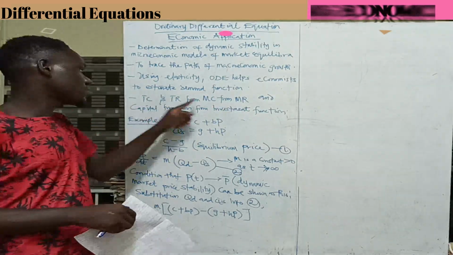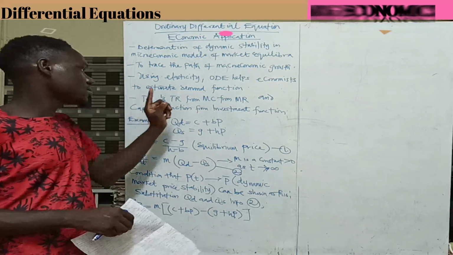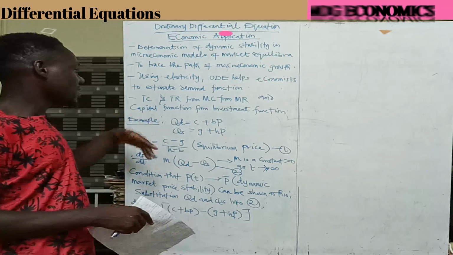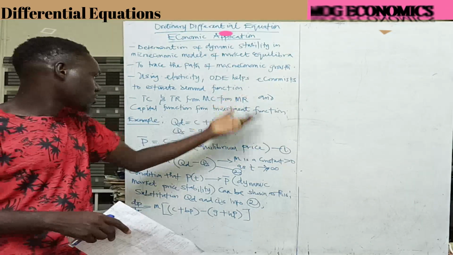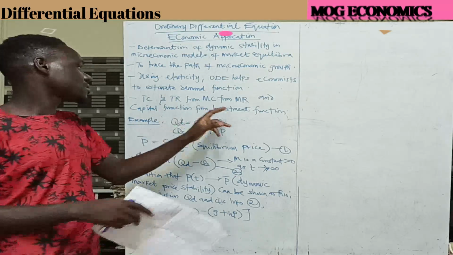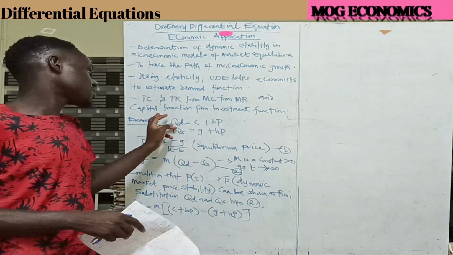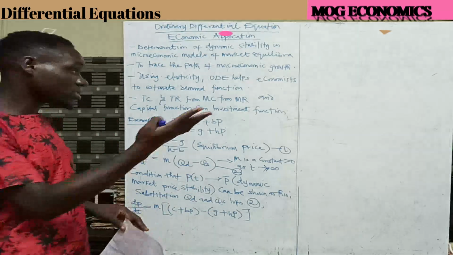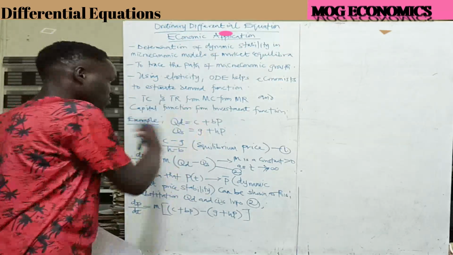The integral of this is this, the integral of this is this. And the capital function from the investment function is just the integral of this. So applying the concept of integration, this can be gotten from this.